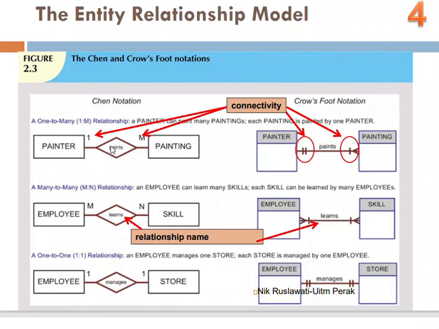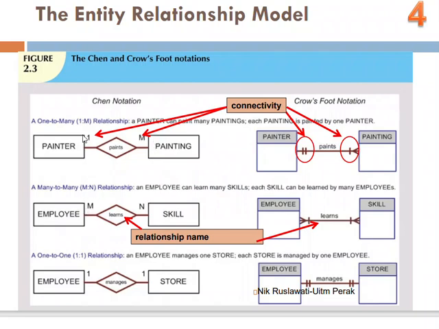Okay, so untuk chain notation, the relationship name is written in this diamond shape. Okay, then dia punya connectivity one to many will be written here.